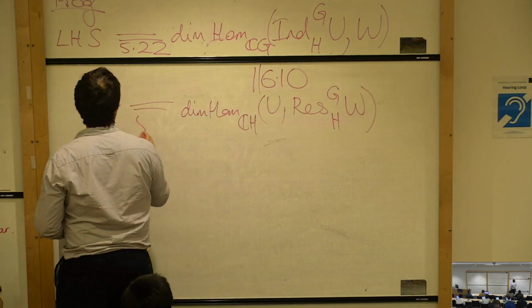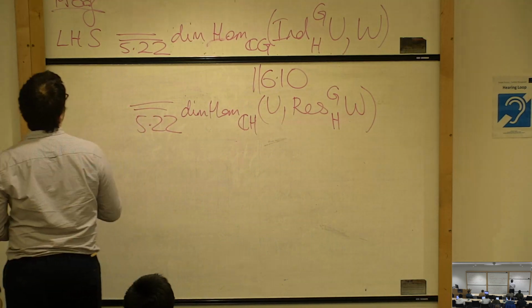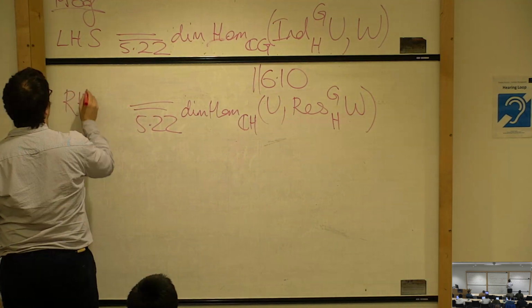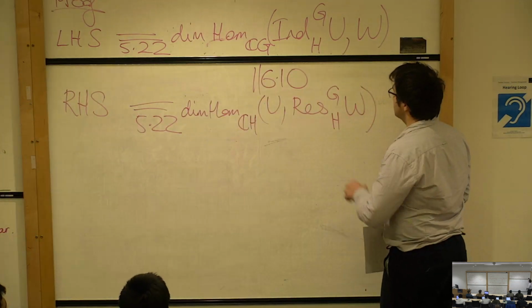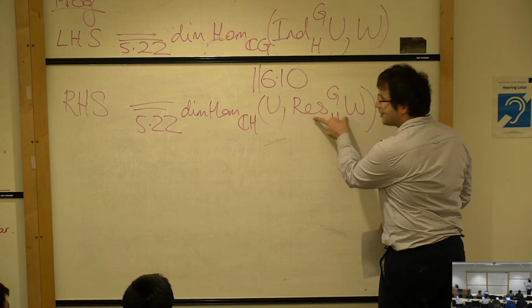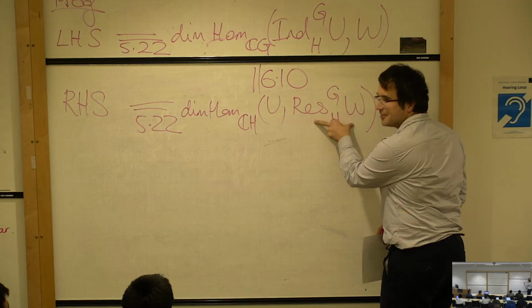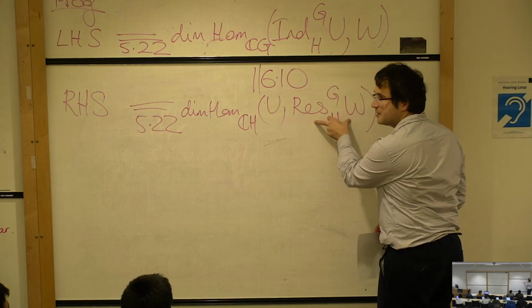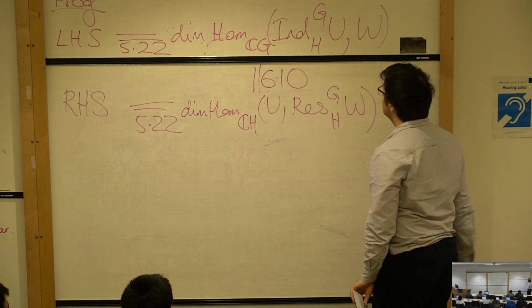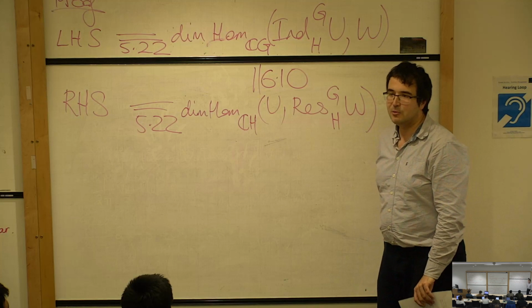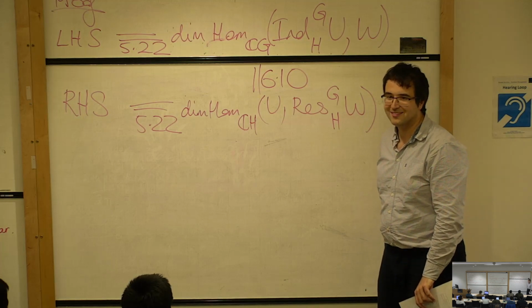Apply 5.2.2 again, I get the right-hand side. So I'm just observing the character of the restriction is equal to the restriction of the character. So you're just taking the trace of the restriction. Any questions about Frobenius reciprocity?